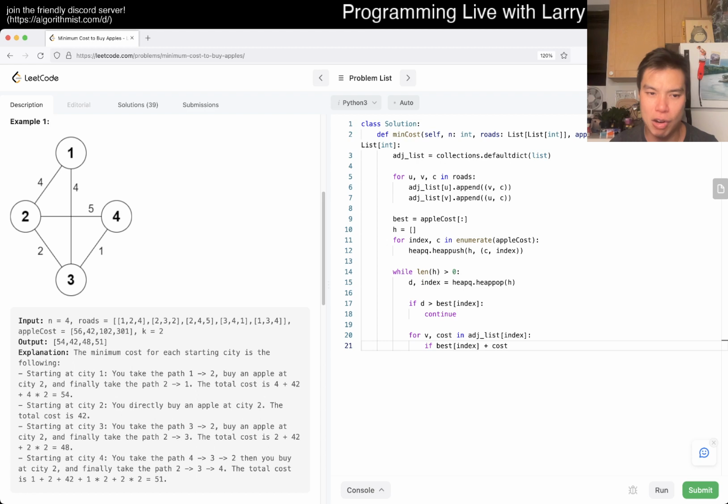It's cost times k plus 1, because you have to go back and forth. If this is less than best of v, then we set best of v equal to that, and then we push it.